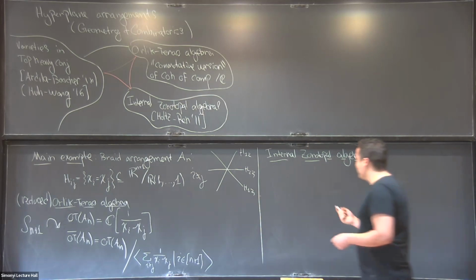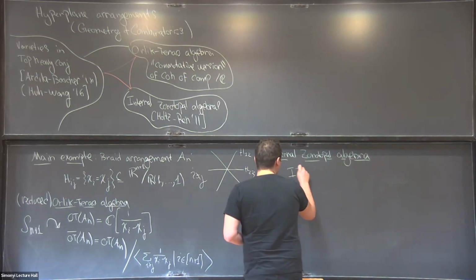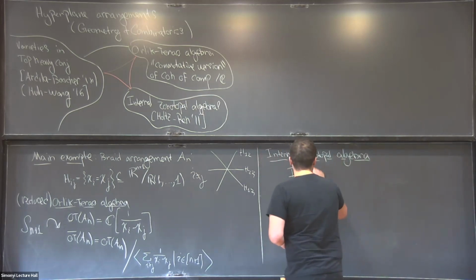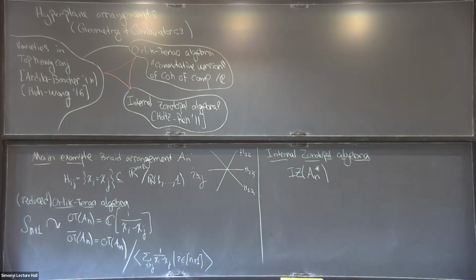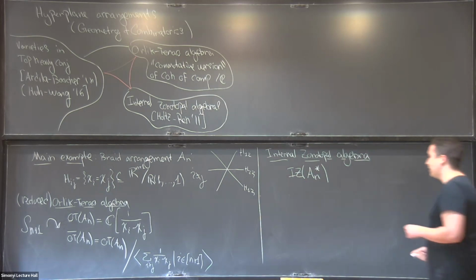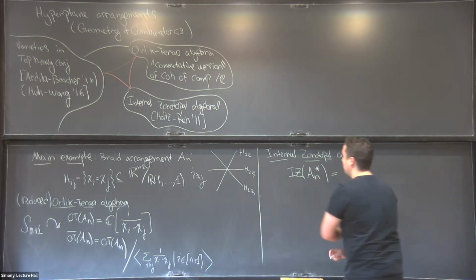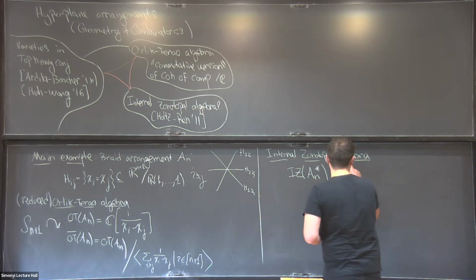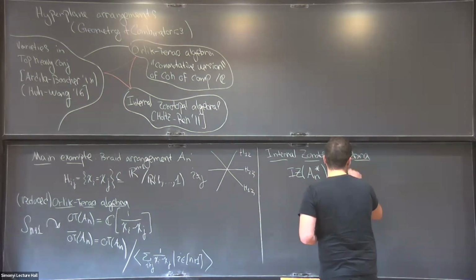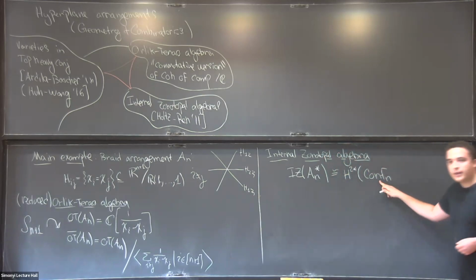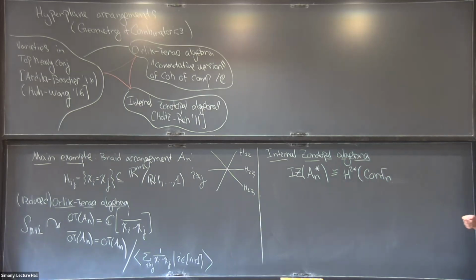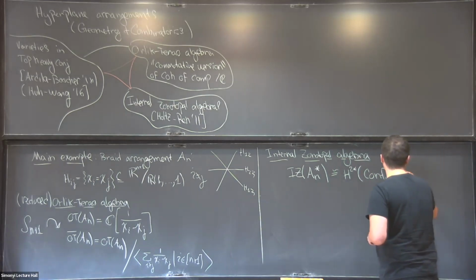But by a very nice coincidence, the internal zonotopal algebra, which I'll write IZ, of the dual of the braid arrangement, so there is this Gale duality for hyperplane arrangements, which I won't mention because I don't need it, but in any case, a related arrangement, is isomorphic to the even degree cohomology of the space of configurations of n distinct labeled points in R^3.